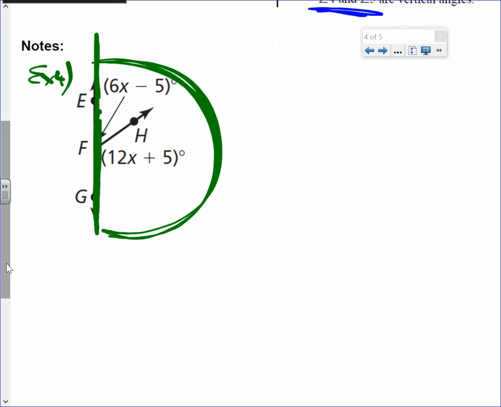Here we go. 6x minus 5 plus the other angle, 12x plus 5. They both add up to 180. We've got one more example after this, and then I'll put the game on.